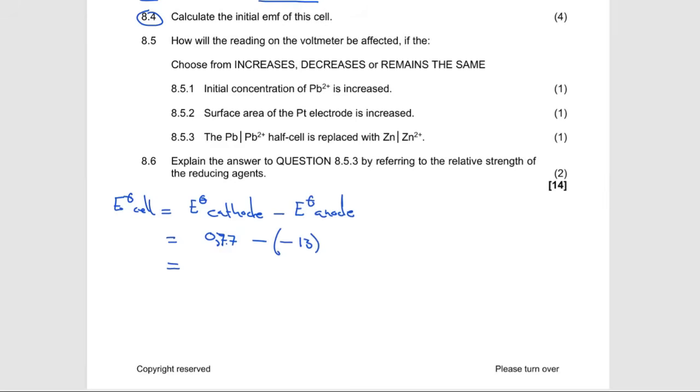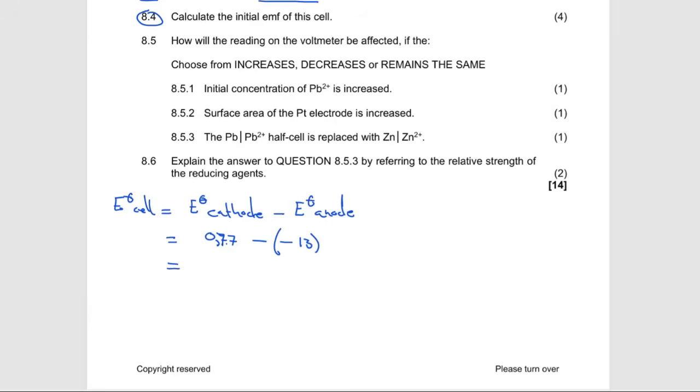Also take note, your E theta value should always be positive. If you find your value being negative, just know something is wrong there. So our answer is going to be 0.77 plus 13.